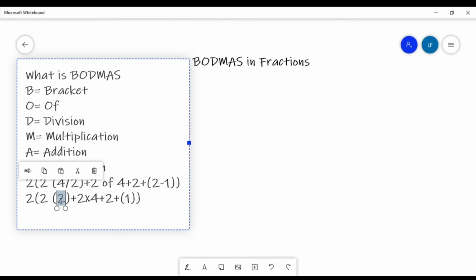But also worth noting, if there is a question in this bracket, we have to finish that question in between the brackets first. Only if the question cannot go any further do we multiply this number with this number.